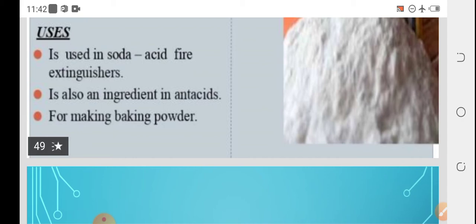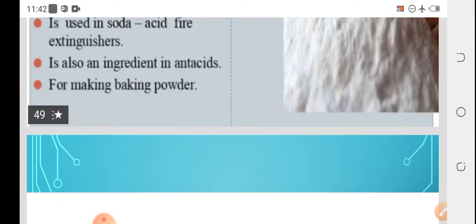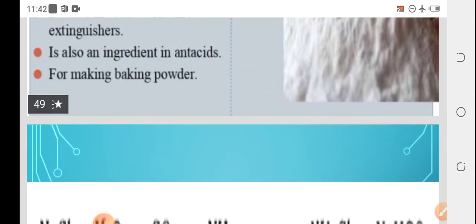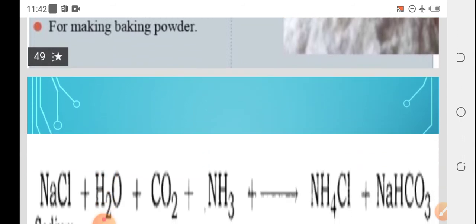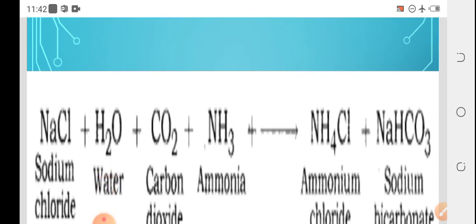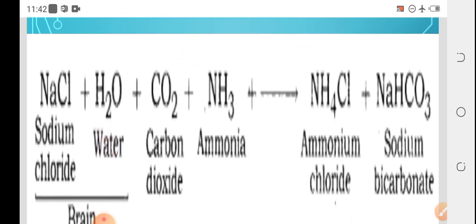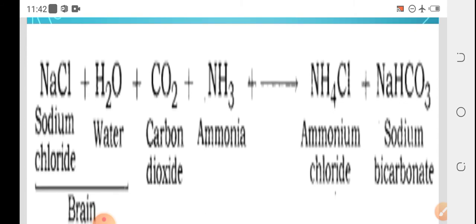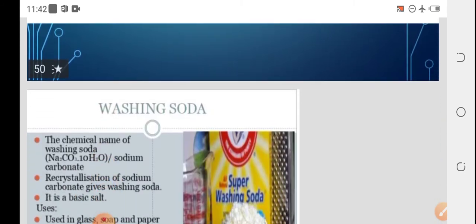Uses: it is used in soda acid fire extinguishers. It is also used as an ingredient in antacids and for making baking powder.